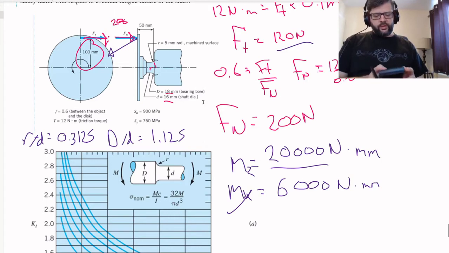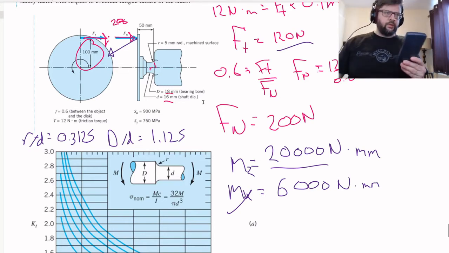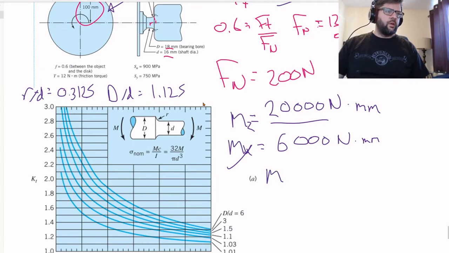So square root of 20,000 squared plus 6,000 squared is 20,880 Newton millimeters.